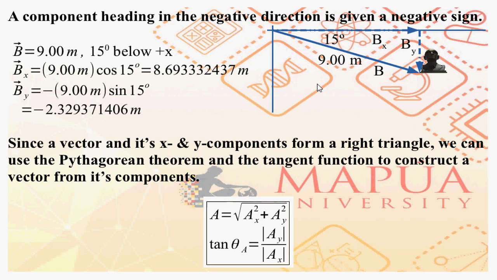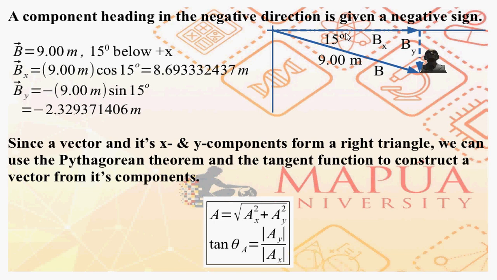So if we now apply SOHCAHTOA to get the components, cosine 15 is adjacent over hypotenuse, bx over 9 meters. Isolating bx, you get bx is equal to 9 meters cosine 15 degrees. Positive because bx is in the positive x direction.